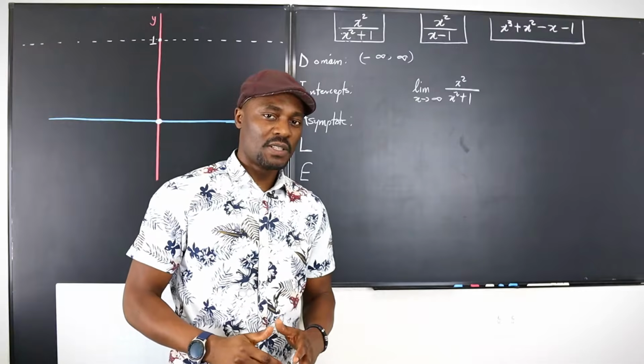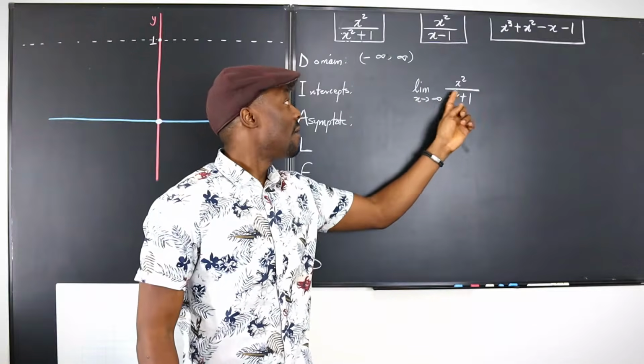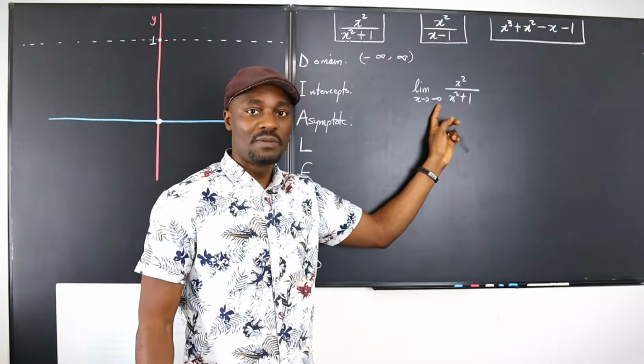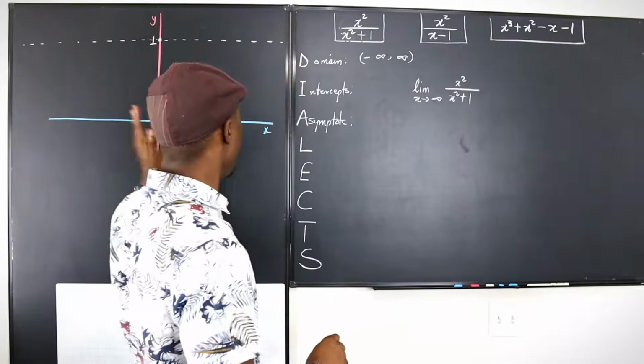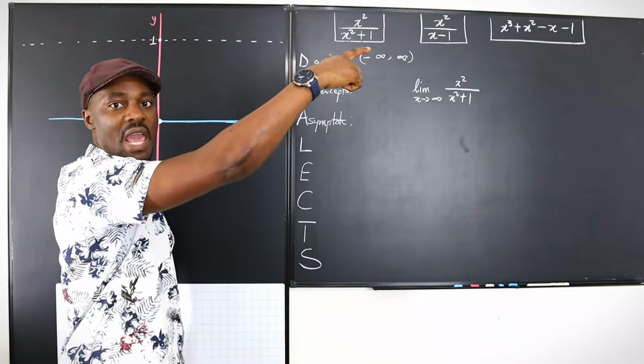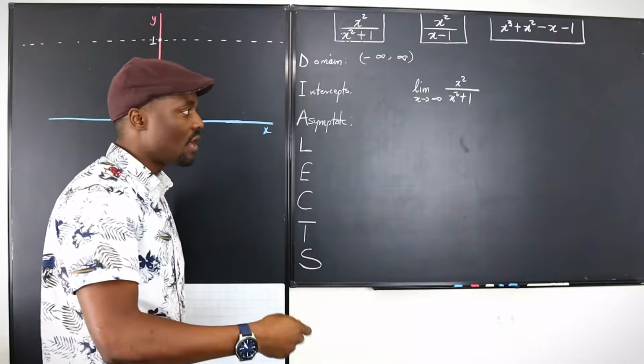So the first limit you want to take is that of the function as x goes to infinity. That is, as you keep going this way on the graph, how will the graph behave? Because that will help you sketch.